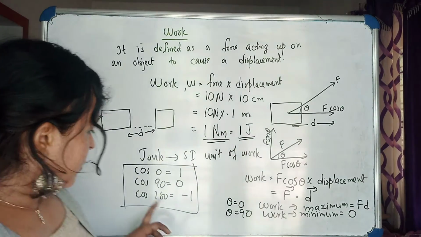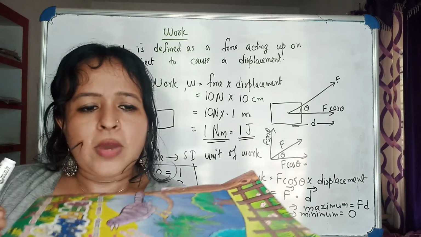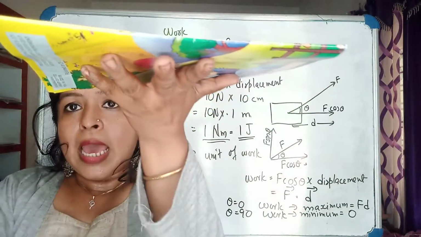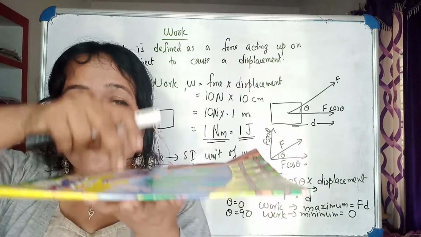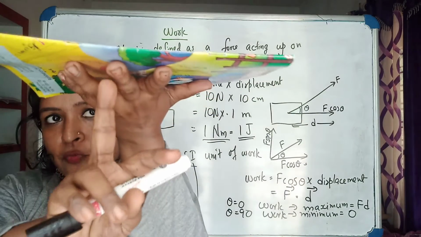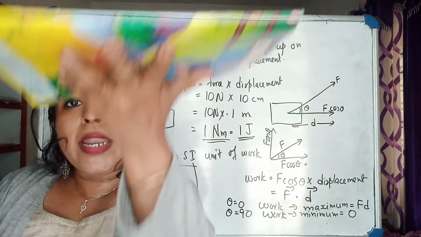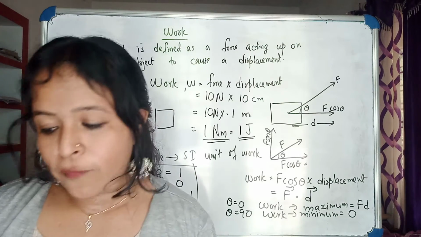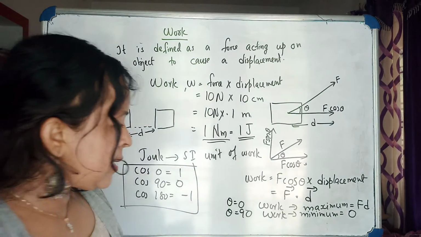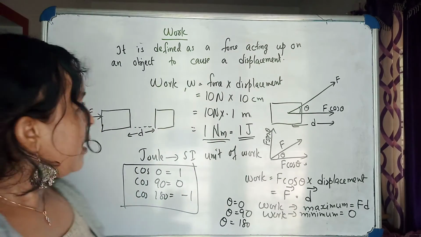And there is another angle, 180. Suppose I am lifting the body like this, and the gravitational force, meaning the weight of the book, acts downward while the displacement is in the upward direction. That means the force is acting in the opposite direction of the displacement, so theta is equal to 180 degree.